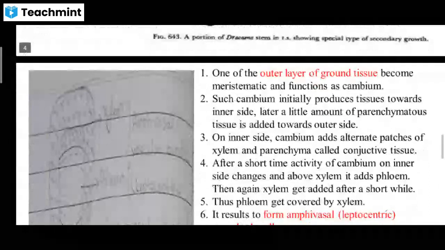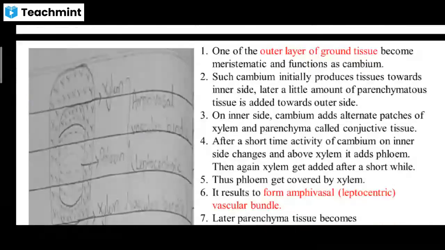These patches of xylem and parenchyma are called the conjunctive tissues. After some time, this activity of the cambium on the inner side changes, and above the xylem it adds phloem.